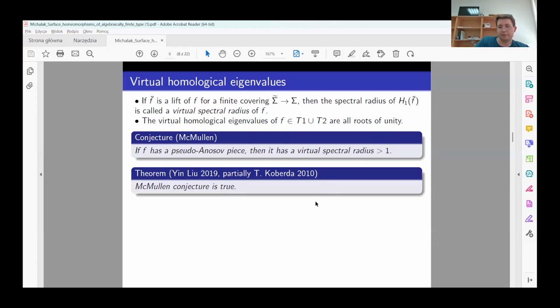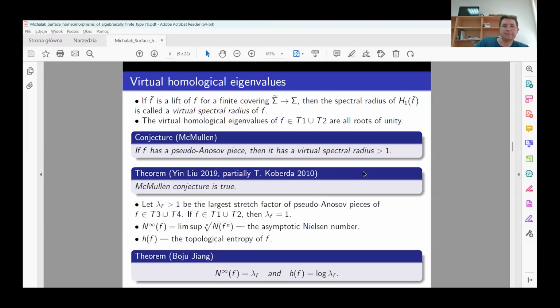So in fact, the symplectic representation can distinguish between classes, but we need to use lifts with respect to finite covers of a surface, not the mapping class itself. And the fact that it is detected by lifts is not surprising because of the constant lambda f, which can be defined as the largest stretch factor of a pseudo-Anosov piece.